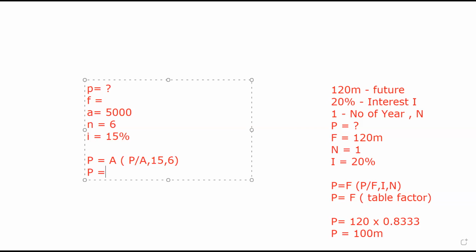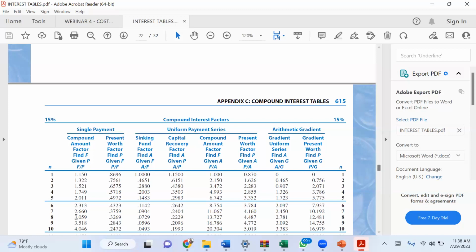So P is equal to A, which is known, 5,000, multiplied by the table factor. Everything inside here is the table factor. So I'll go to the table again. At 15%, under how many years? 6 years. We are looking for P given A, which is this. Find P given A. We're looking for the present what.